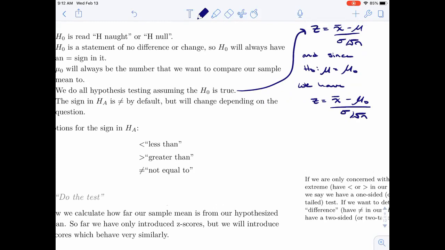And that's the one on your formula sheet. Because we assume that the null hypothesis is true, that's what makes this mu change to mu sub 0, mu naught. Which, fair enough, we want to know how far our sample mean is from our hypothesized mean, taking into account the spread.